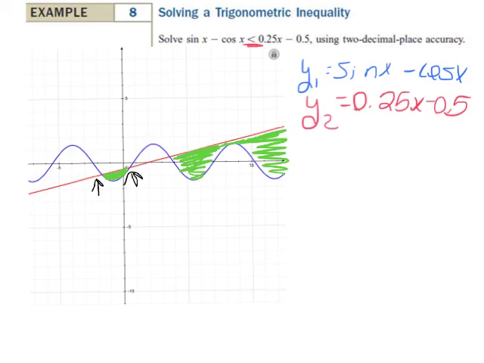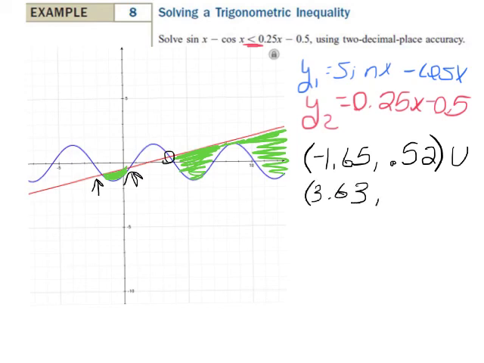Just again, use your second calc and go to intersection. And your answer, it's going to be open because it's only less than, negative 1.652 to 0.52. That takes care of those two. Union. Now you need this one, which is 3.63, and notice it's going on to infinity, and you're done.